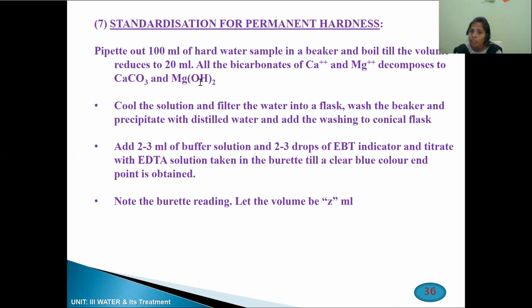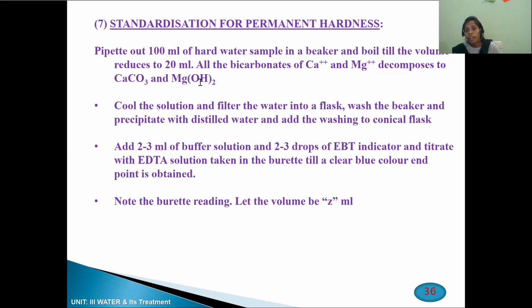Why are we boiling the water? What is the need of boiling the water? Because we are finding only permanent hardness. We are not finding the temporary hardness. What is temporary hardness? In temporary hardness, calcium and magnesium are in the form of bicarbonates. But how to remove the temporary hardness? Temporary hardness can be removed by the boiling method.